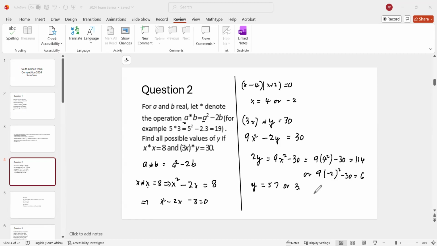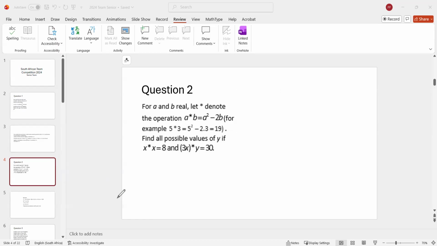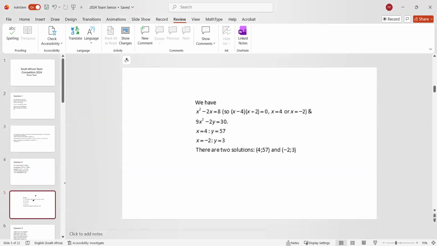Okay, so the question was to find the values for y. Let's just check my solution to see whether my prepared solution is the same thing. Okay, you got y equals 57 or 3.